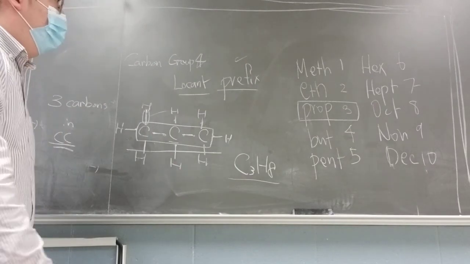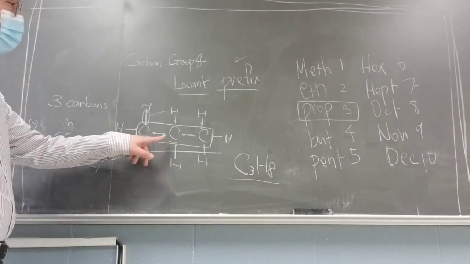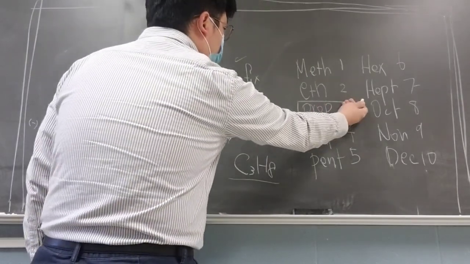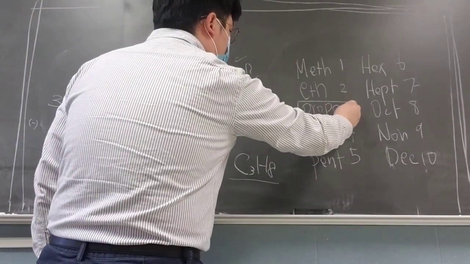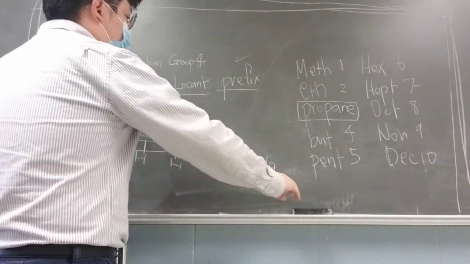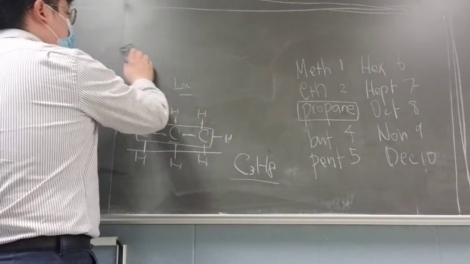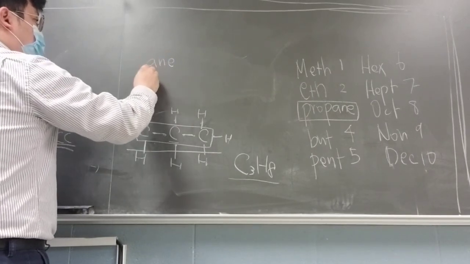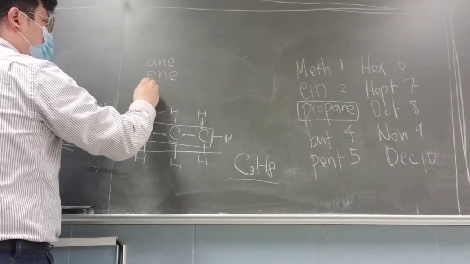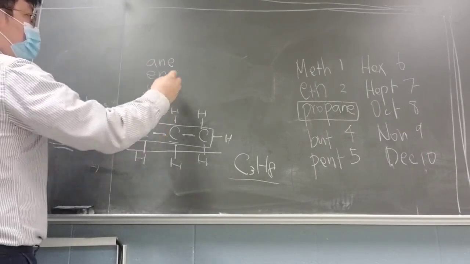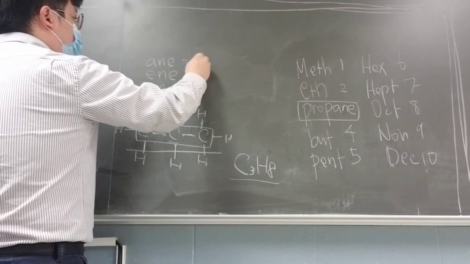Prop. And then if they're all single bonds, you just need to put A and E at the end. I told you about the suffix that most organic compounds have. The A and E is for when it has only single bonds.